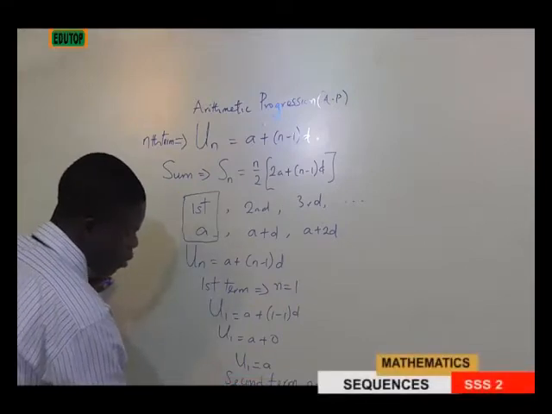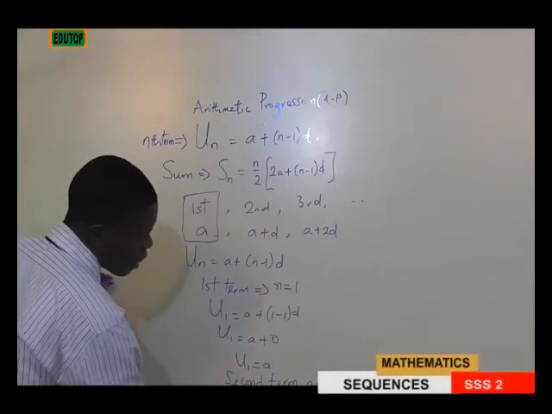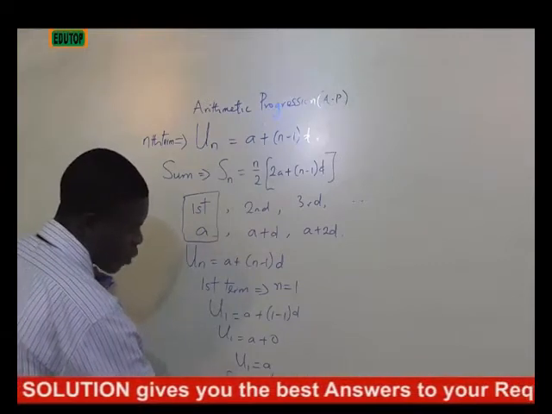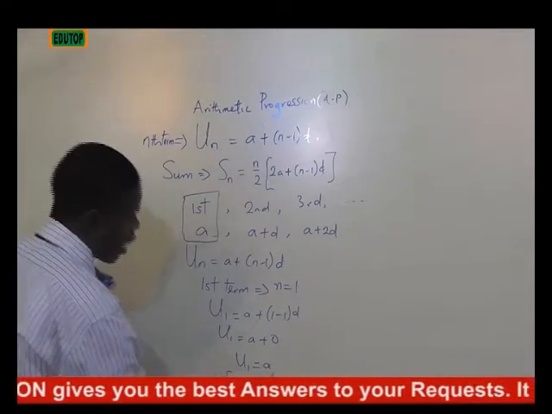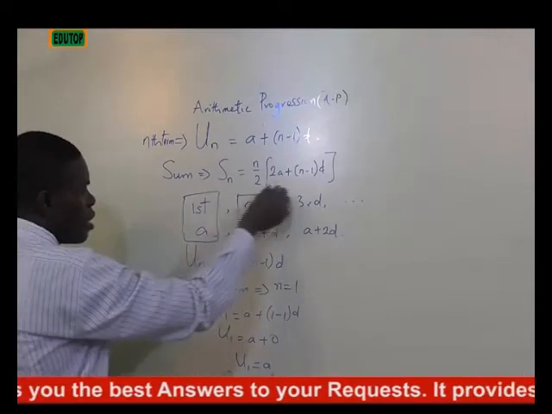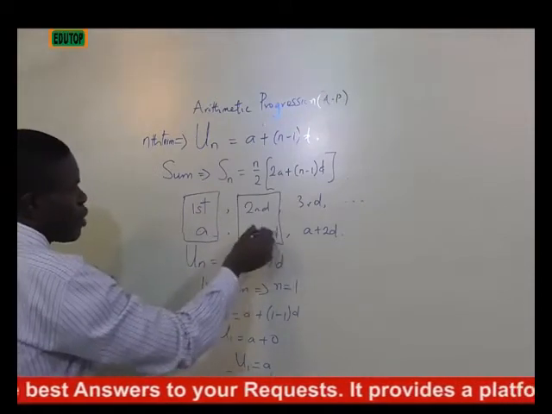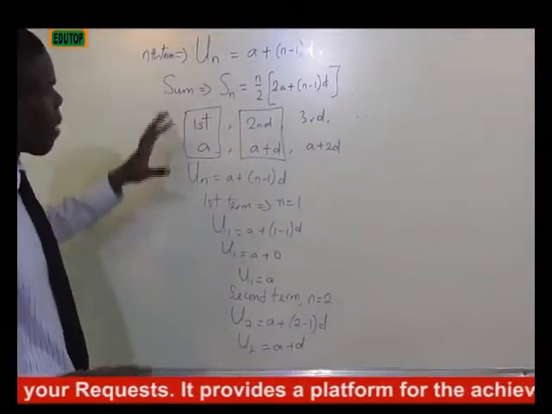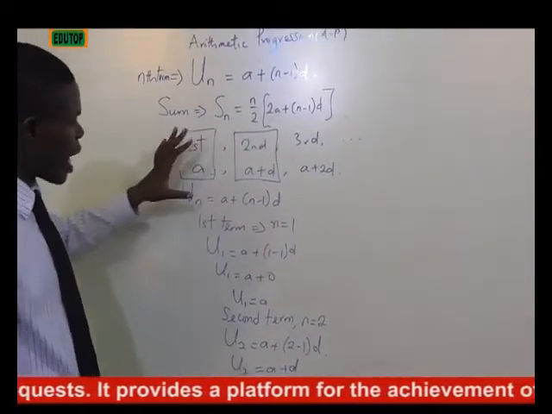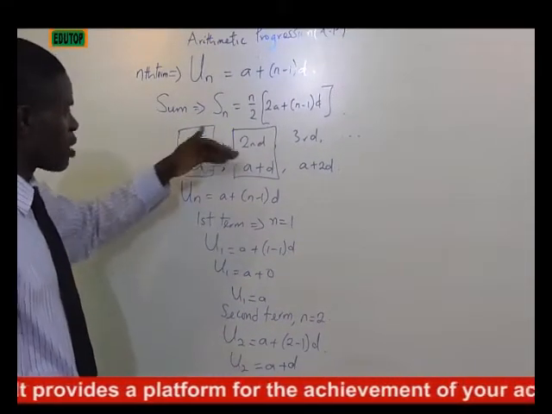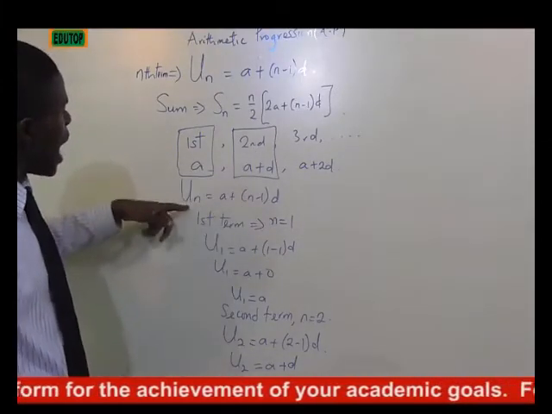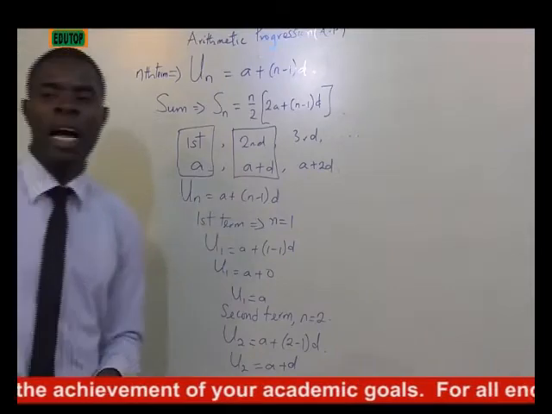So when we evaluate this, we have A plus 2 minus 1 times D, and that is what accounts for this formula. So your second term is A plus D. So one can derive the formula for the successive terms using the nth term formula.